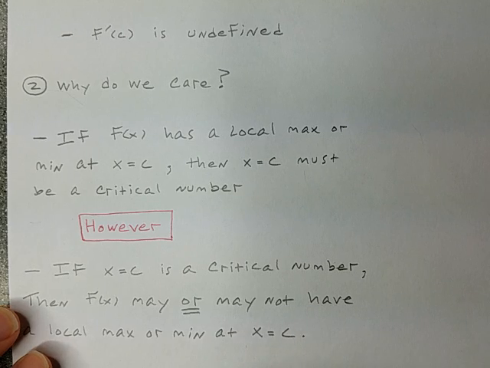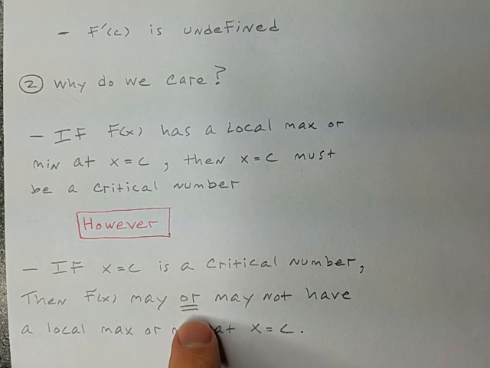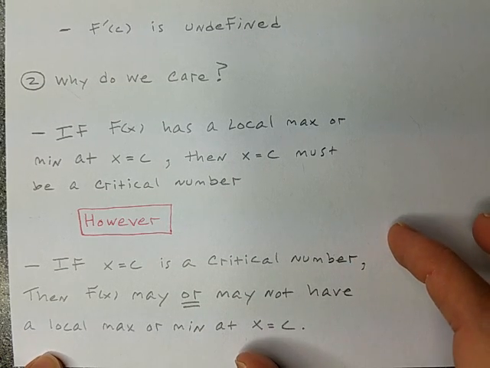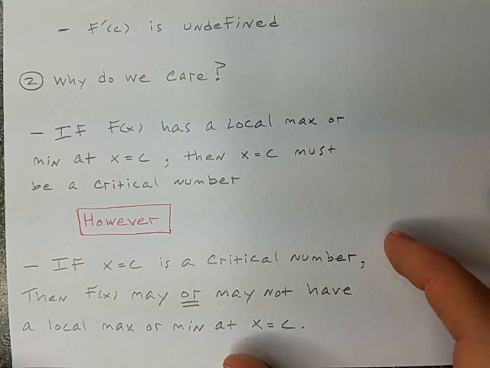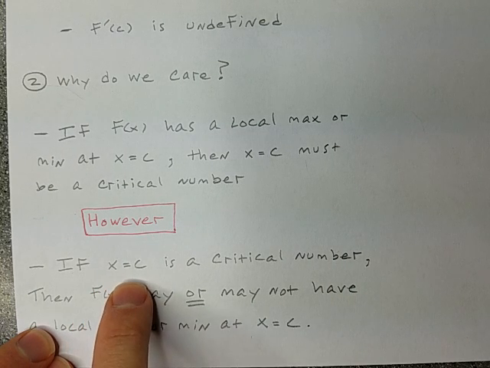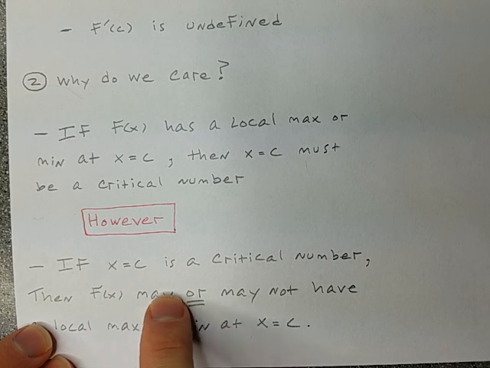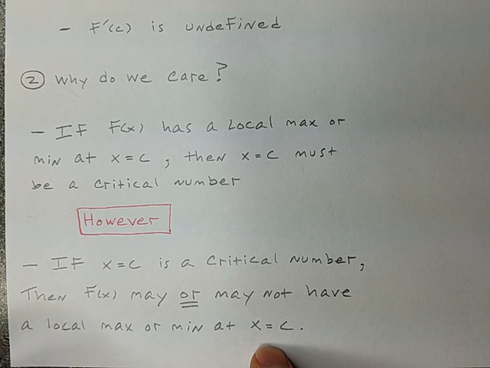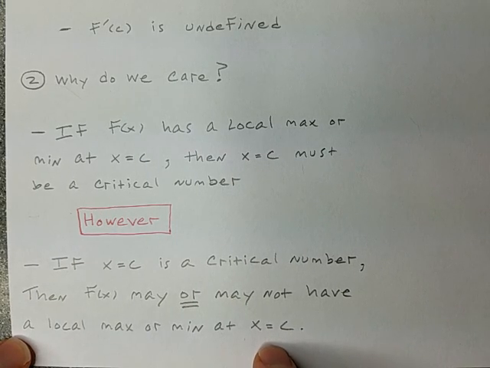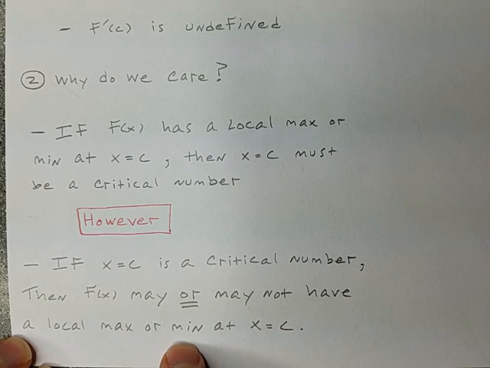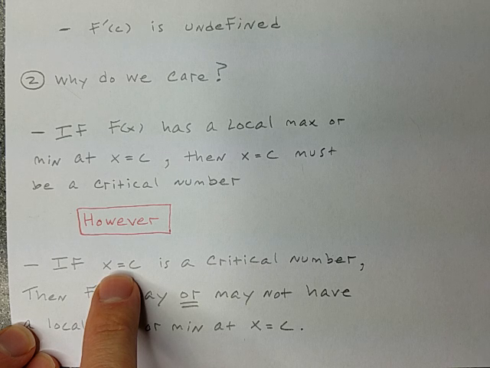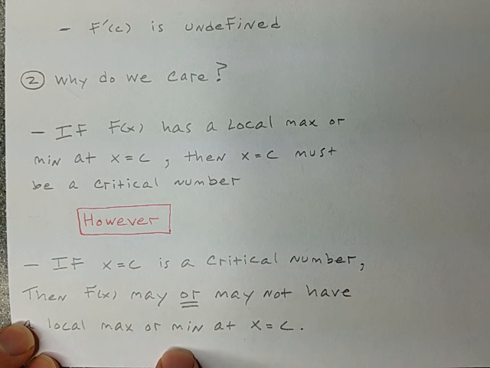But to turn it around, if you have a critical number, it doesn't mean that there's a max or min at that spot. Alright, so this is maybe a little harder to understand, but it just means if we're doing our math and we find a critical number, we have to check somehow that that point is actually a maximum or min. Okay? Because it may or may not. Just because a number is a critical number doesn't mean that there's a max or min there.